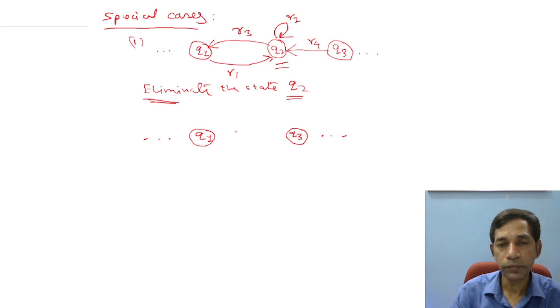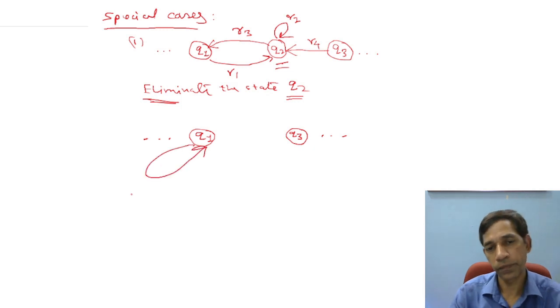So see, if you are at the state Q1, then you are going to the state Q2 for the regular expression R1. In the Q2, you have the regular expression R2 and you can go for the loop. Then you have the outgoing edge, which again comes to the state Q1. This means you are having the loop like this.